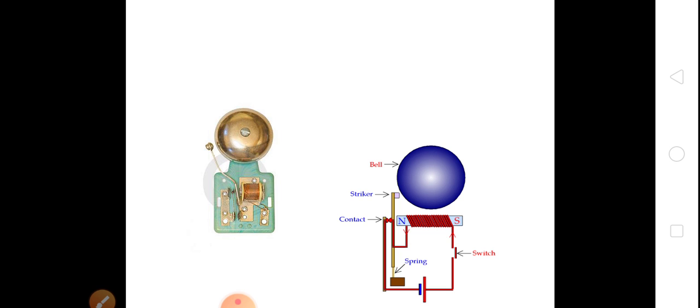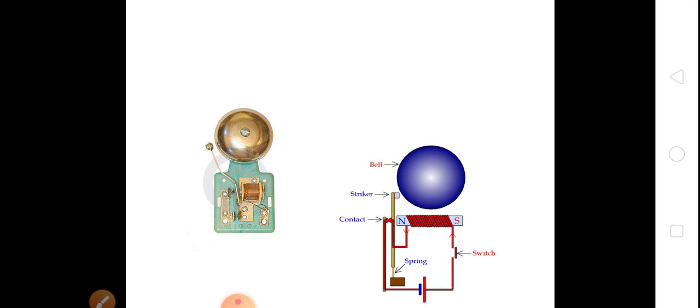Electric fuse is a safety device which melts and breaks the circuit in case of overloading. Next, a wire carrying electric current produces a magnetic field. Electricity can also produce the magnetic effect because the electric wire behaves like a magnet. So this is the magnetic effect of electric current.